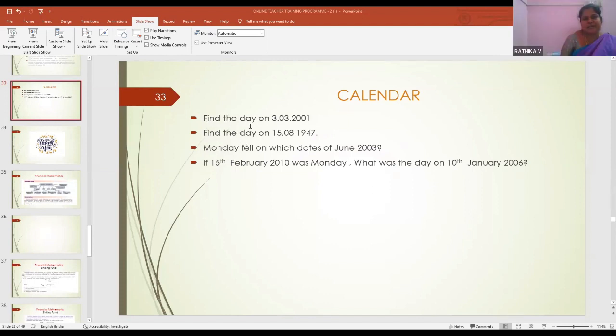The question is: find the odd day on 3/3/2001, and find the day on 15/8/1947. So it is our Independence Day, and you can calculate what the day was. Can anybody tell me already? What was the day on 15th August 1947?